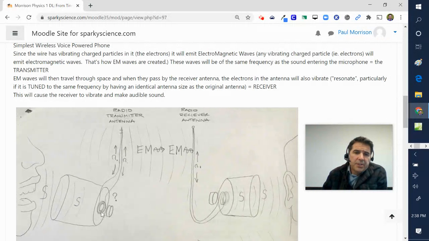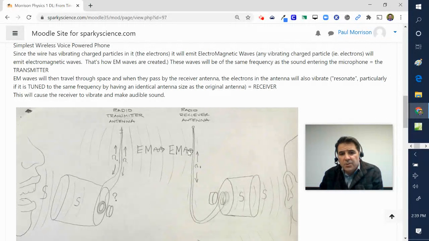Since this one is the same exact thing as before, you're speaking to the cup, it's vibrating the wires next to the magnet, it's making electrons vibrate inside the antenna. And anytime you have a vibrating charged particle, that creates electromagnetic waves. So instead of the electromagnetic waves traveling through the wire, they can actually travel through the air. It won't be as direct, it won't be as strong perhaps, but when that electromagnetic wave hits this antenna, it will cause these electrons to vibrate as well.